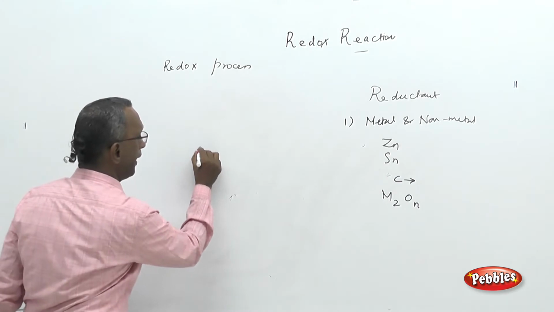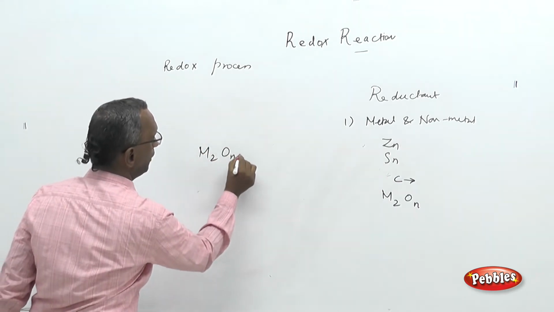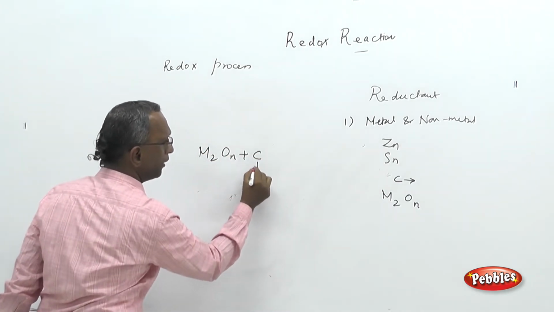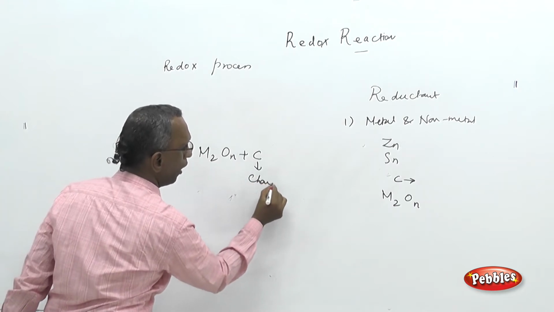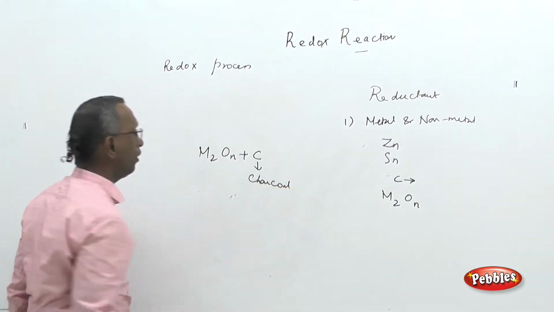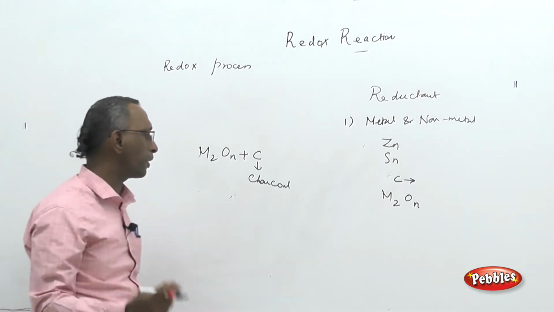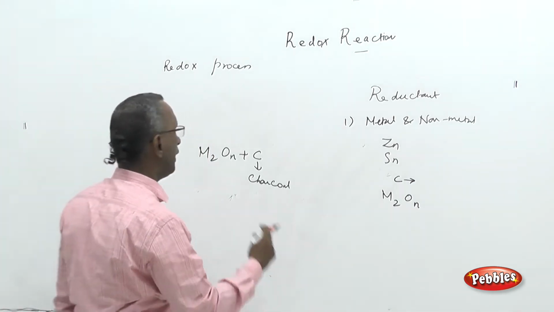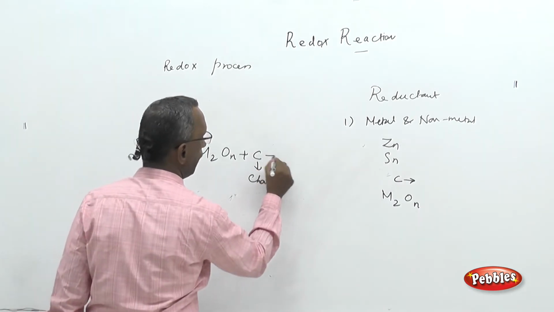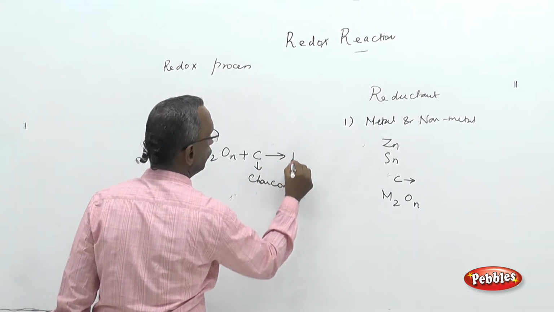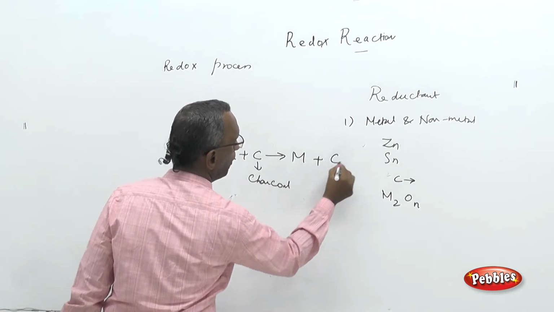When metal oxides are heated in a Bessemer converter or any other furnace with charcoal, which is a form of carbon, it is converted to metal and carbon monoxide.